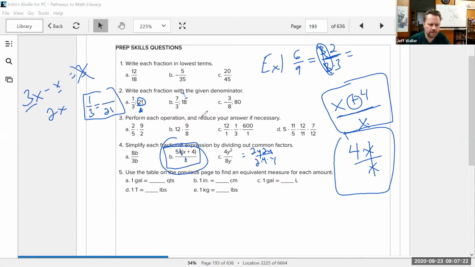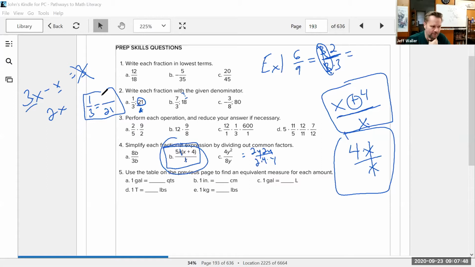Yeah, that's a good way to say it. See, here's reducing, and this is the opposite of reducing. It's building it back up. So somebody had something over 21, and they reduced it to 1/3, and they're just asking you, like you said, can you build it back up to what it was before they reduced it? Right, so that's 7. Yeah. Sure.